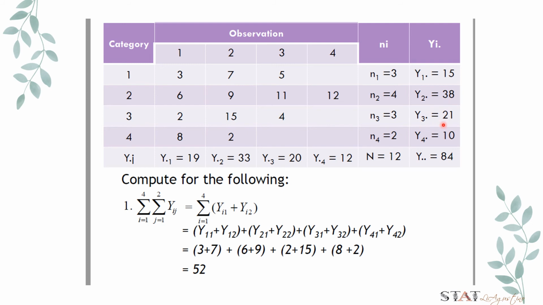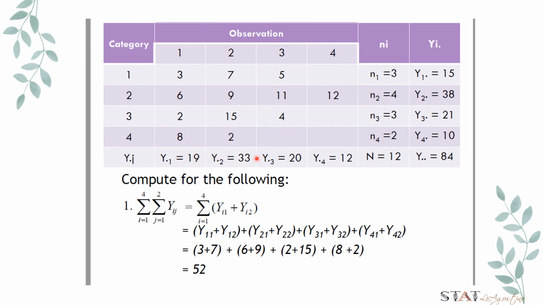This is the category total in the third category: 2 plus 15 plus 4 equals 21. And then the fourth category total is equal to 10 because 8 plus 2 is equal to 10. And then we have here y dot 1, that means the first column or the first replication. So 3 plus 6 plus 2 plus 8 is equal to 19.